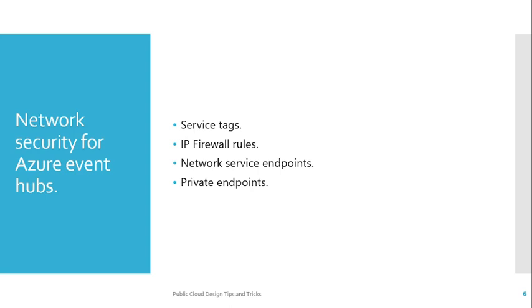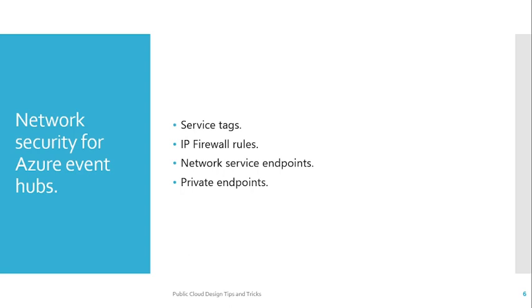Let me explain what a service tag is. A service tag represents a group of IP address prefixes from a given Azure service. You can use service tags in network access controls in your network security group or in Azure Firewall. You can add the service tags in place of specific IPs, so that if the IPs behind the scenes change, your service tag will not be affected.